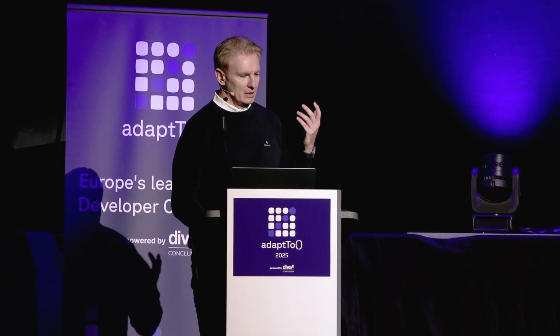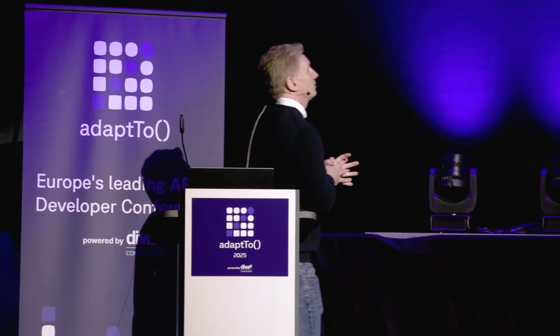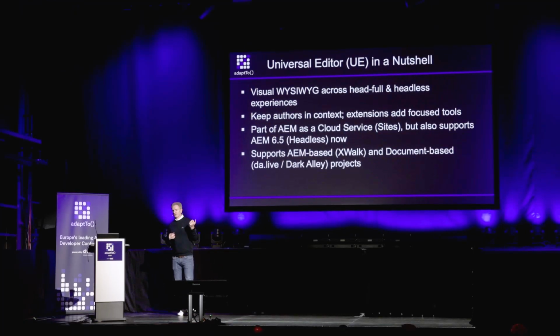A little bit of background: what is Universal Editor? It's basically the latest evolution of Adobe's WYSIWYG, which we know today. It should support basically everything, Adobe says. It helps us deliver headful solutions and also headless solutions.